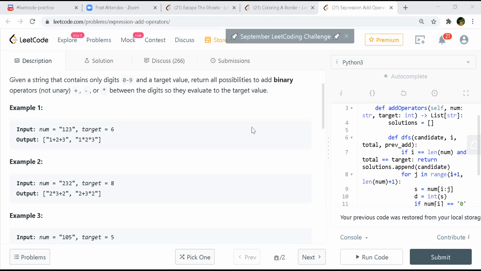Yeah, looks like it. But one problem is the multiplication, because it has more priority than addition, which has to be done first, so we need to consider that.